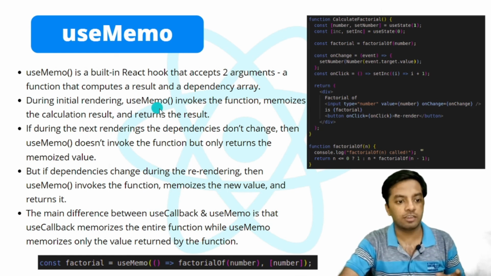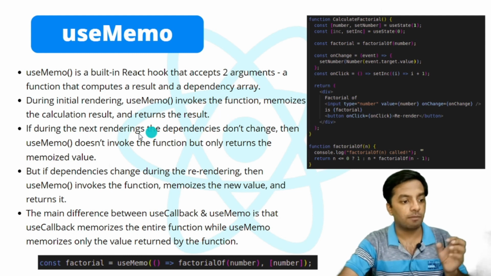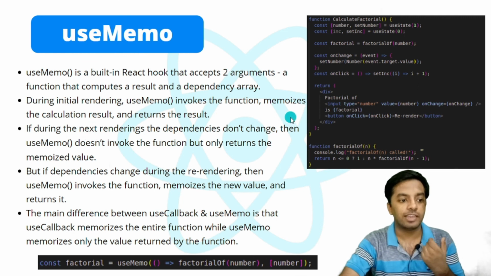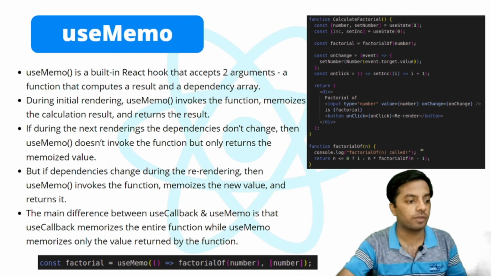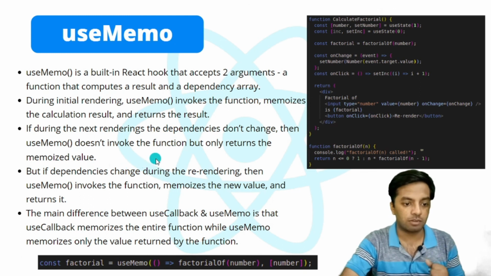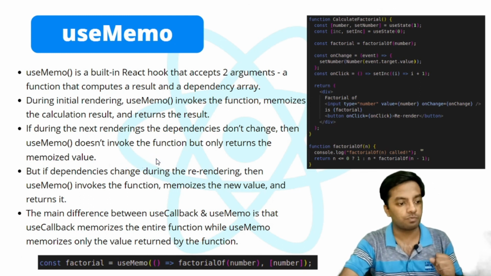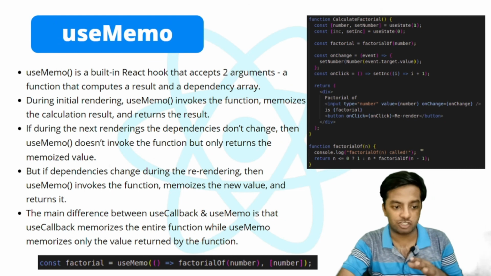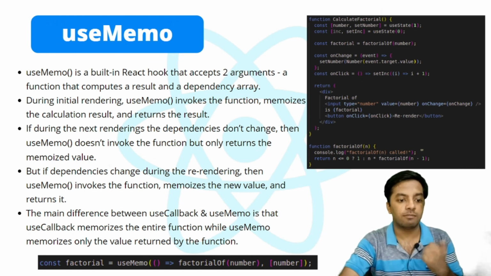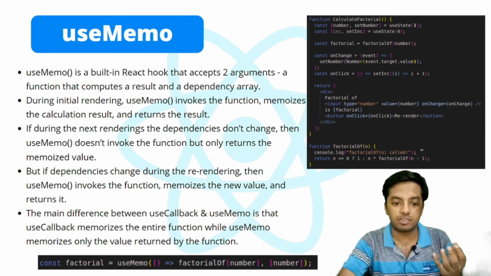During initial rendering, useMemo invokes the function, memorizes the calculation result and returns the result. Keep this in mind. It memorizes the calculation result, not the entire callback function. If during the next renderings the dependencies don't change, then useMemo doesn't invoke the function but only returns the memorized value. But if the dependencies change during the re-rendering, then useMemo invokes the function, memorizes the new value, and returns it and stores it.